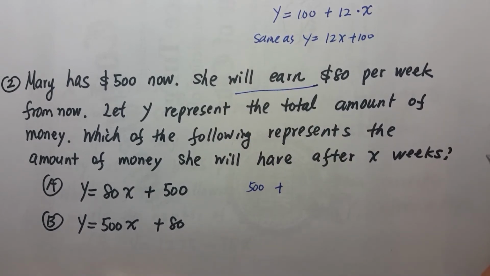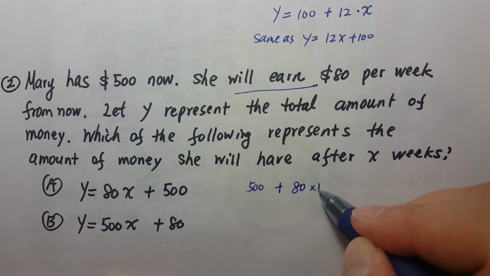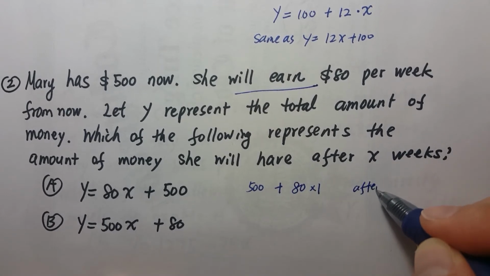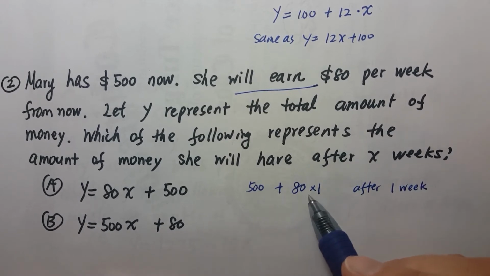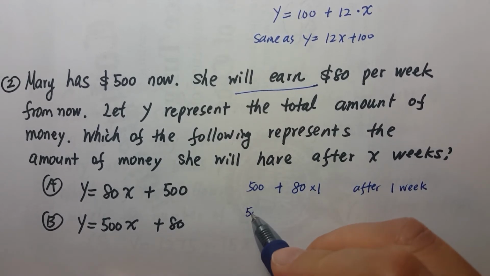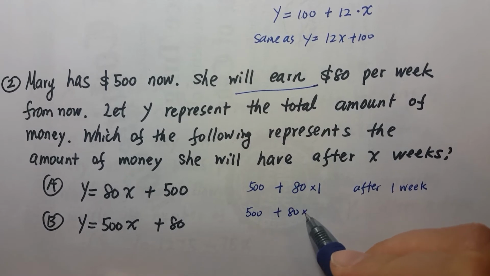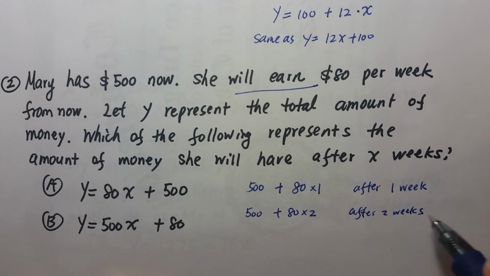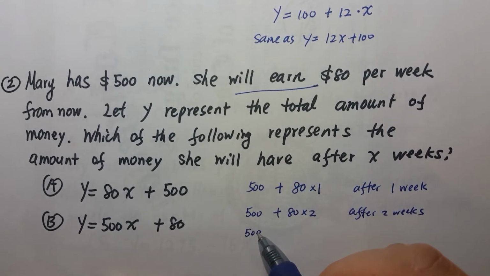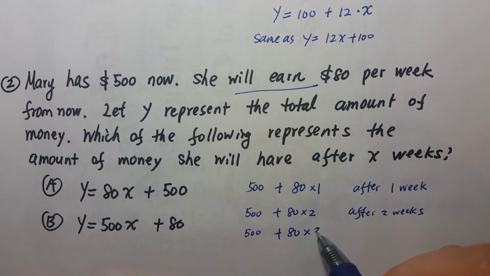So after 1 week, it will be $80 times 1. So the total amount will be 500 plus 80 times 1. After 2 weeks, it's going to be 500 plus 80 times 2. After 3 weeks, it will be 500 plus 80 times 3.